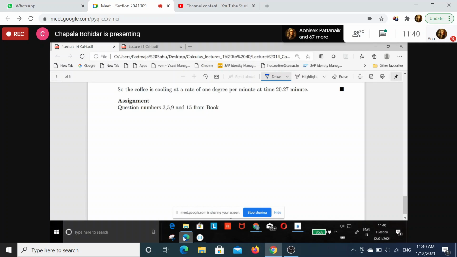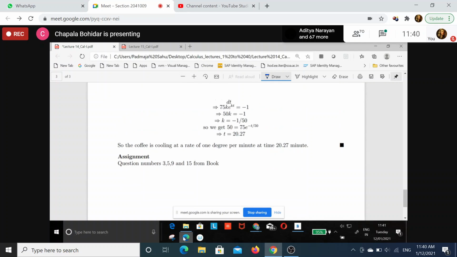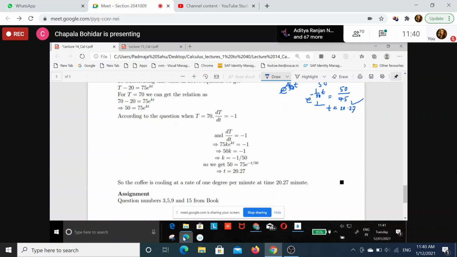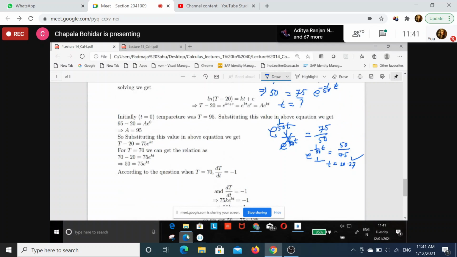When will the population reach 10,000? Do it yourself. Now you do it. Already I have done one problem by using all the data. Do it yourself.